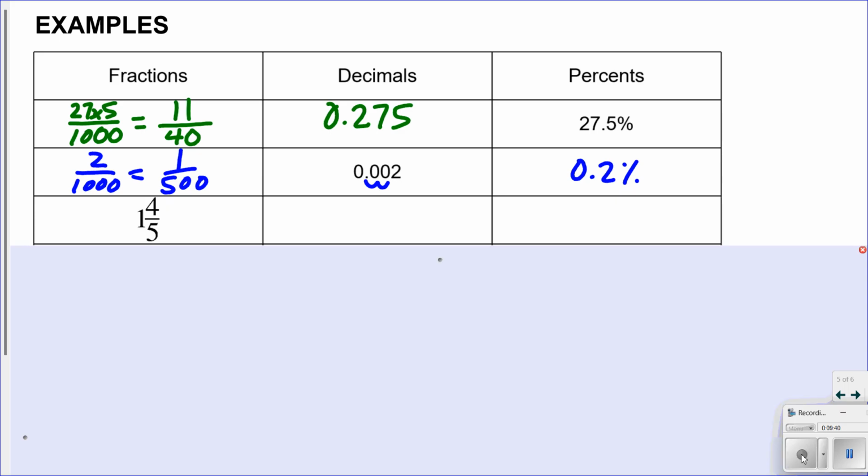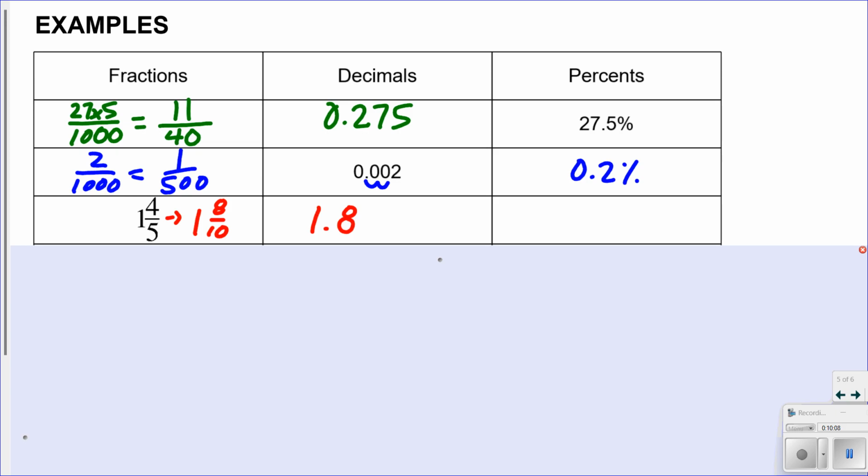All right, let's try a mixed numeral. I have 1 and 4/5. First, I want to convert that to a decimal. The 1 just becomes 1, and 4/5 converted to a decimal. Well, I could convert this to 1 8/10, and then because it's in a power of 10, I can just write that.